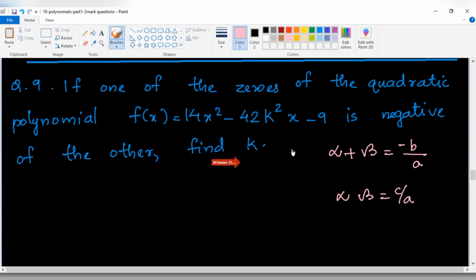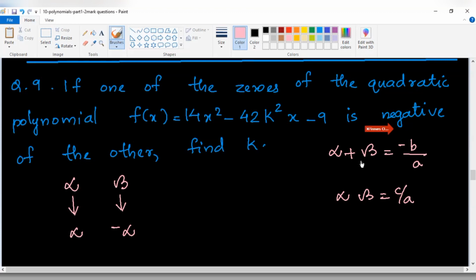And here it is mentioned that one of the zeros is the negative of the other. So in place of alpha we take alpha itself, in place of beta we have minus alpha. So these two are the zeros now.